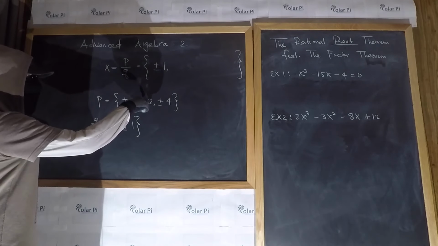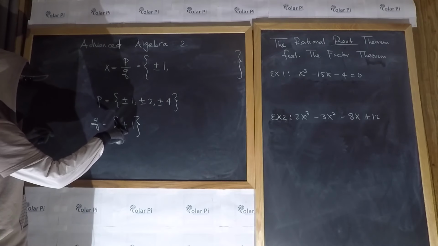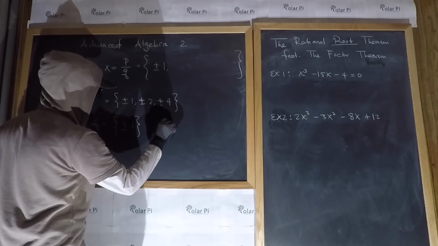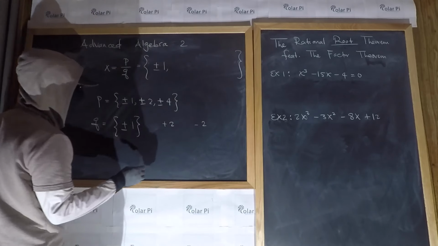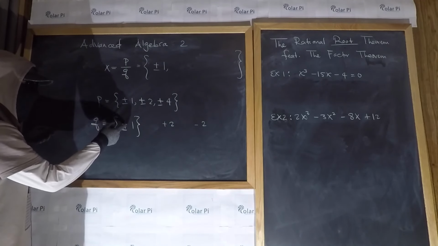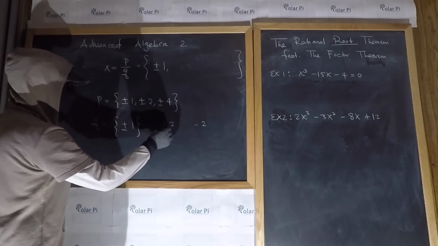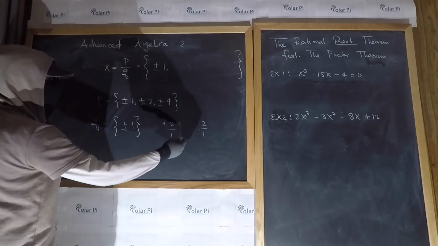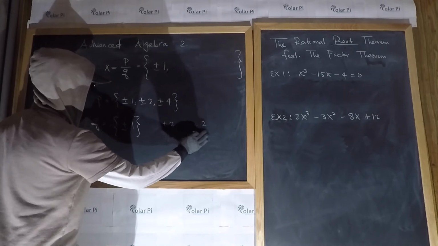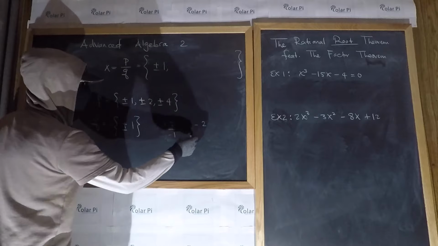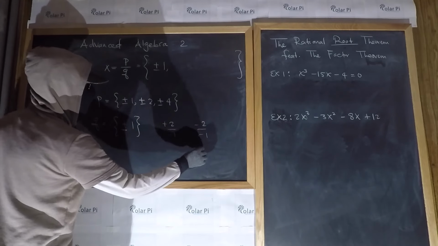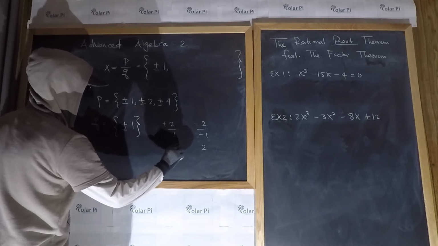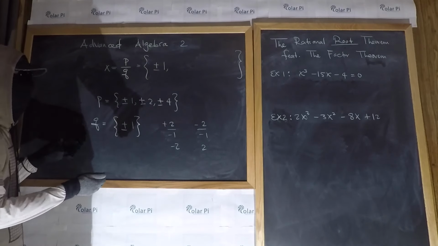Well, next is going to be plus or minus 2 divided by plus or minus 1. Now, plus or minus 2 is two numbers, +2 or -2, and we're dividing each of them by +1 and -1. So first, if we divide by +1, we get +2 and -2, and next if we divide by -1, so there's 4 total divisions we have to do, then we get -2 and +2, so they swap places, but it's still just plus or minus 2.